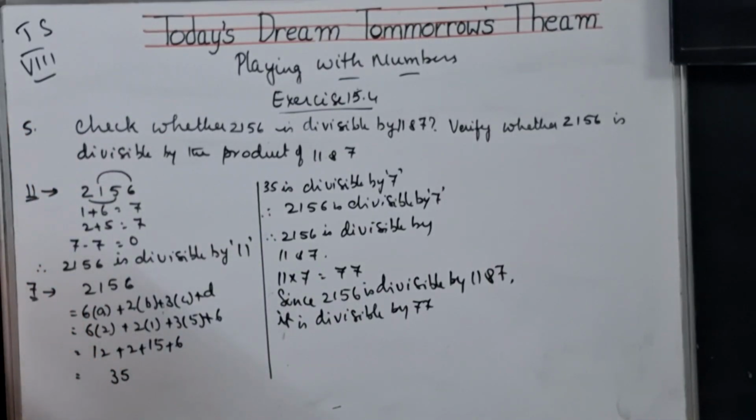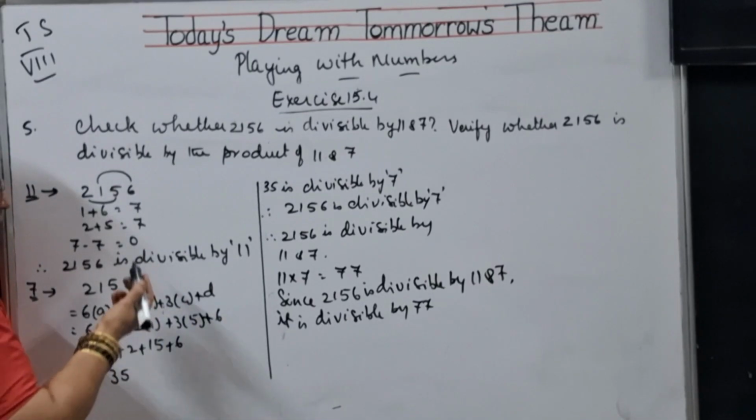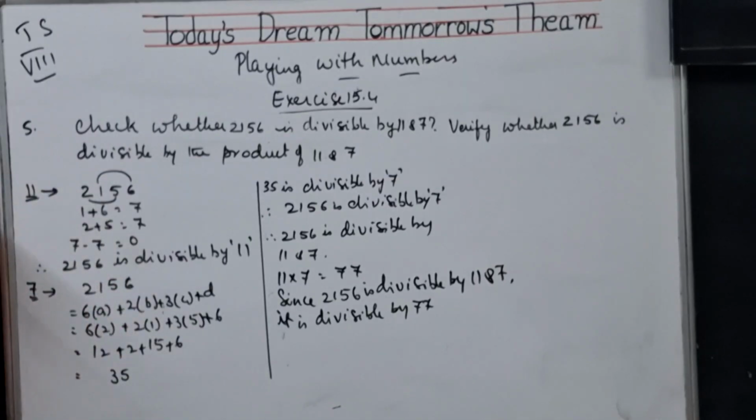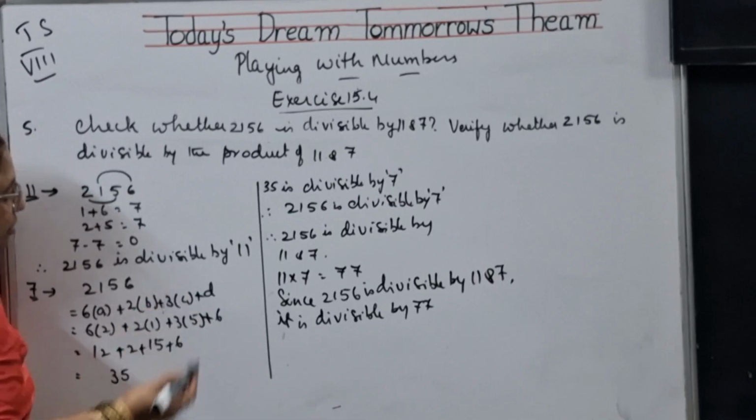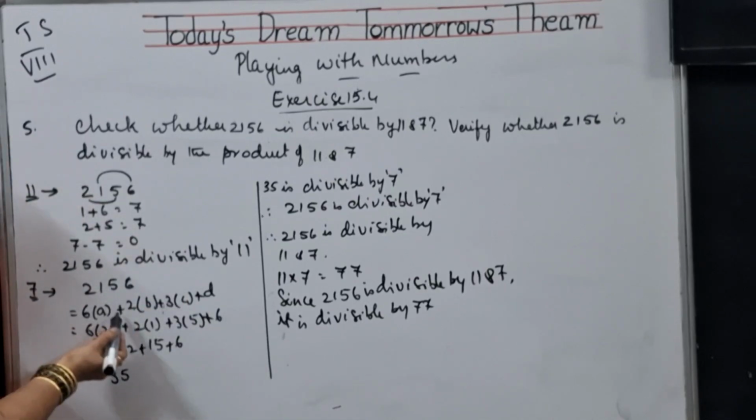So the question is whether the given number is divisible by 11 and 7. For 11, what is the property I said? Odd place digits and even place digits: you have to separate them, add them and subtract them. The difference should be either 0 or 11 or a multiple of 11. Here we got 0, so definitely it is divisible by 11. Next, for 7, it is a 4-digit number, so the property is 6a plus 2b plus 3c plus d.